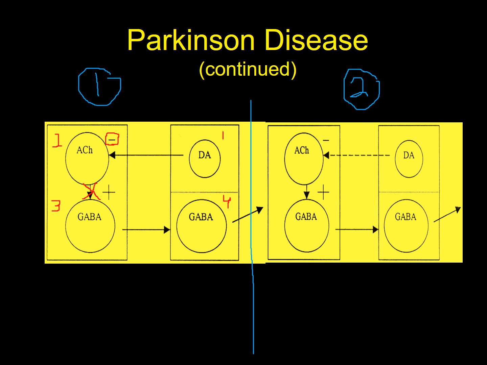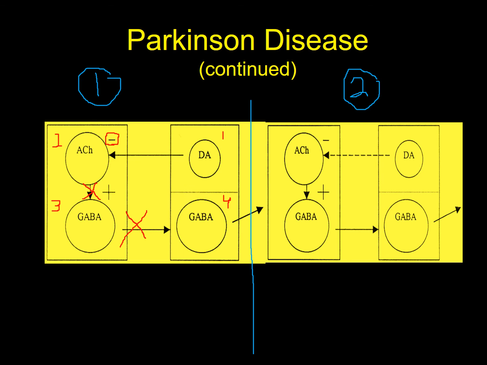Neuron 2 does not excite neuron 3. Then neuron 3 does not release GABA. So GABA does not fire to neuron 4. Neuron 4 is not inhibited. GABA is then released out into the general circulation. So some inhibition is going on from this GABA, and it's inhibition of skeletal muscle contraction. Muscles don't contract as much.